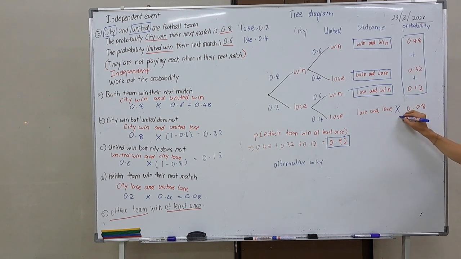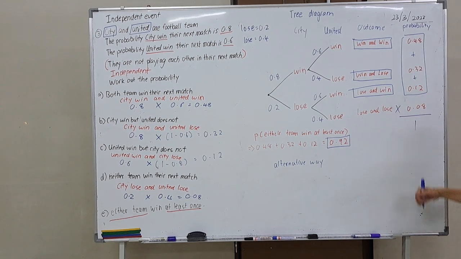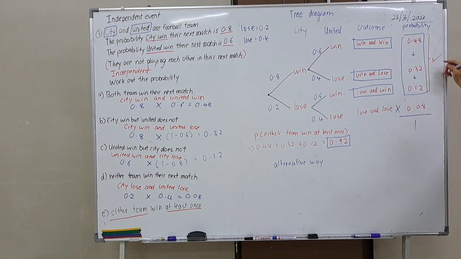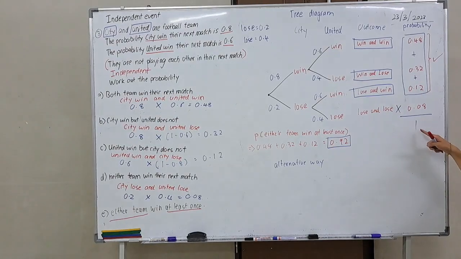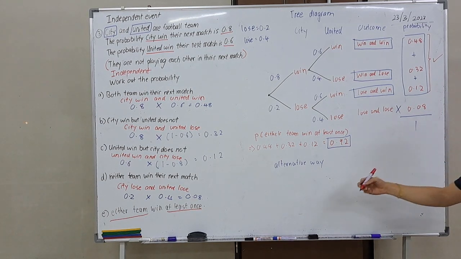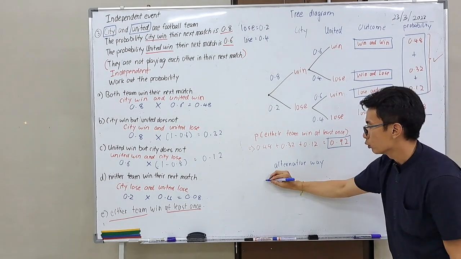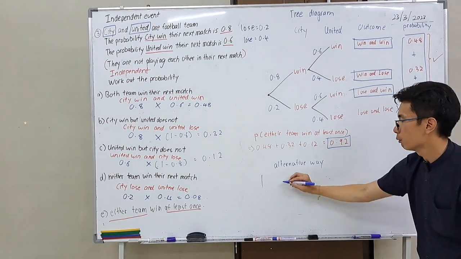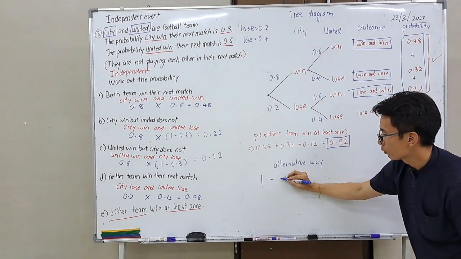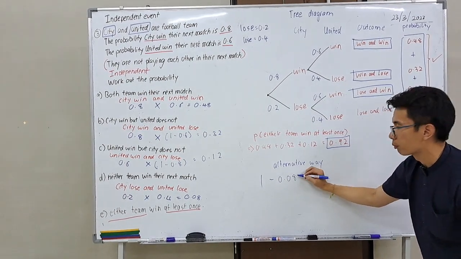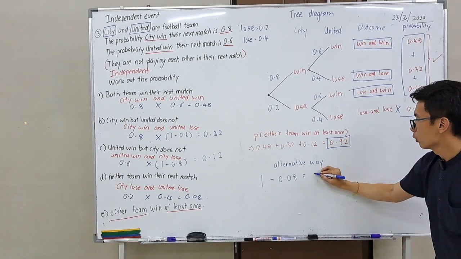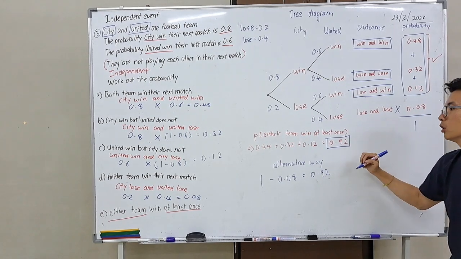All of these probabilities add up to 1, and since I'm interested in this probability, I'm just going to take 1 minus this, which will automatically give me it. So take the probability of 1, the maximum probability, minus the probability of lose and lose. If you subtract that, you will get the probability of either team winning at least once, which gives you 0.92 straight away.